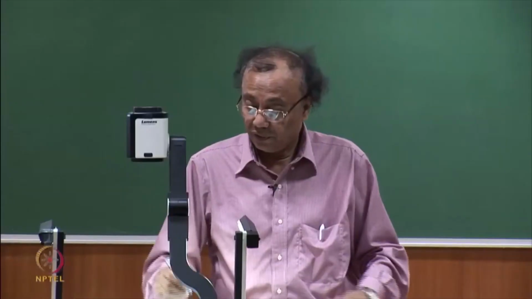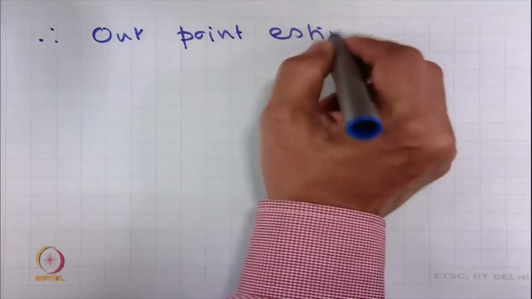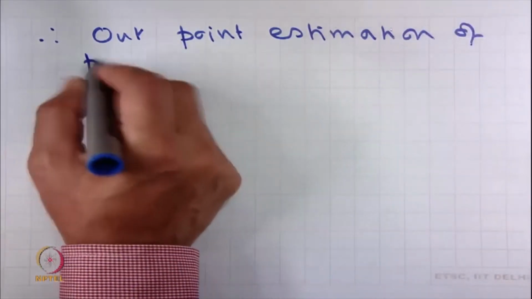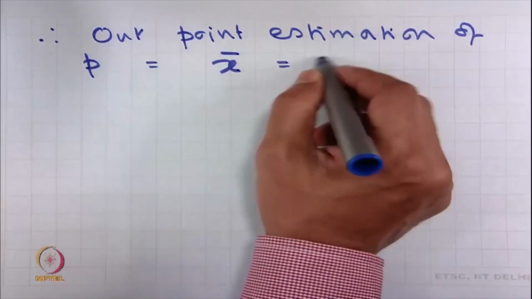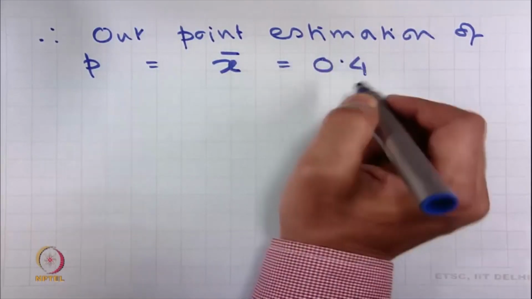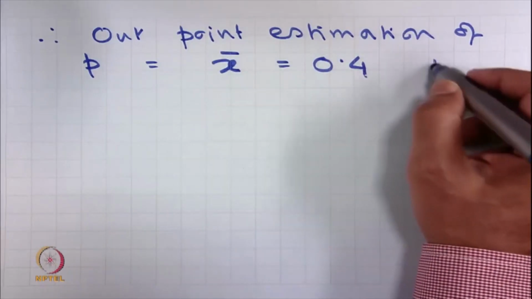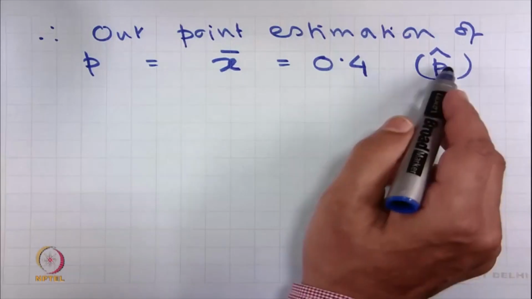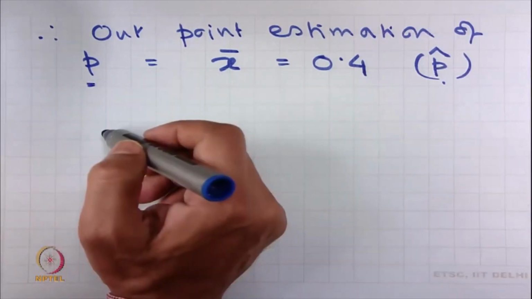Therefore, our point estimate of p is equal to x bar, which is 0.4, and we often denote it as p hat, where p hat is an estimated value of the unknown parameter p.